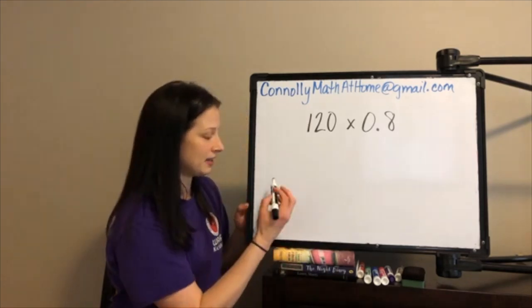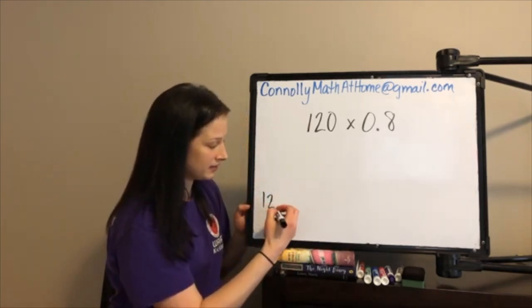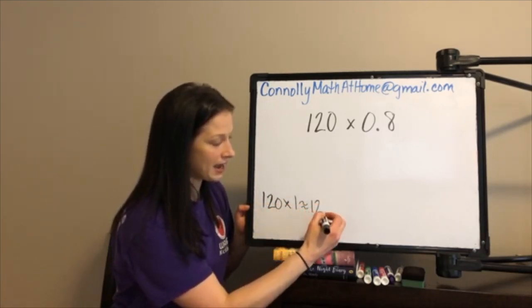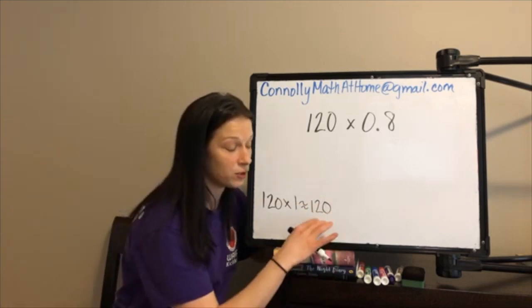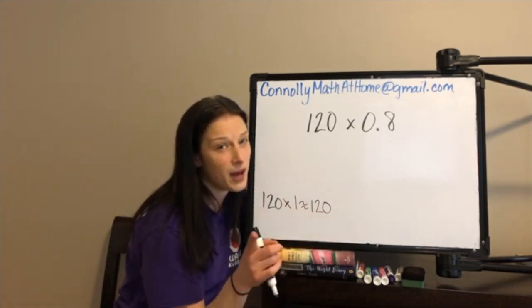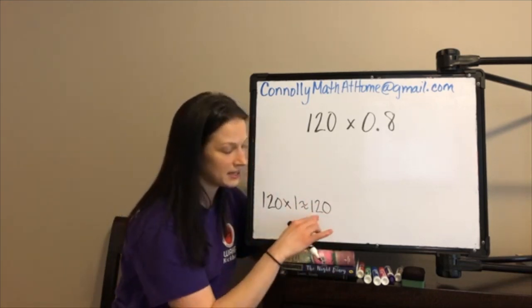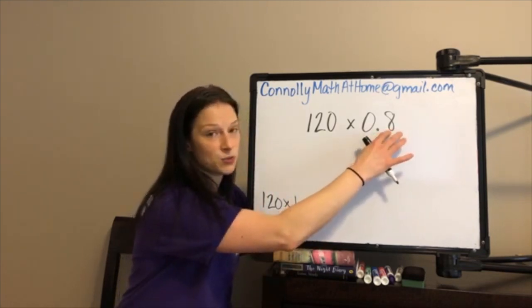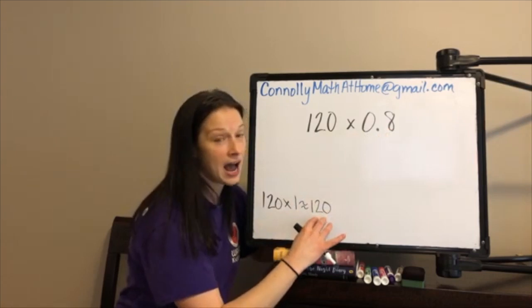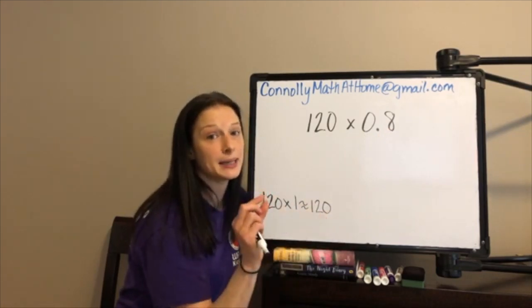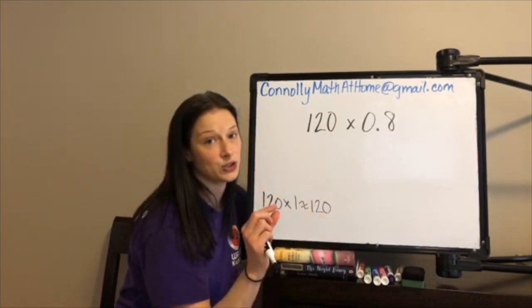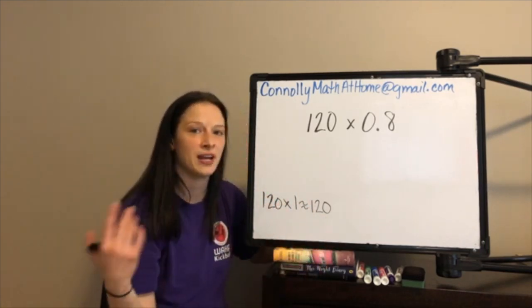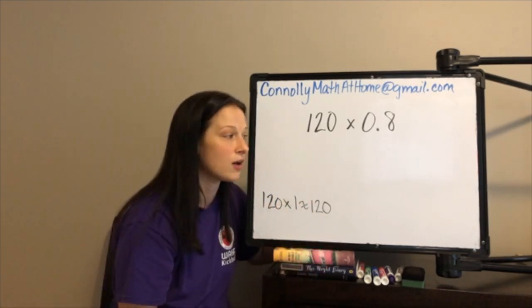So I'm thinking for my estimate that my product will be close to 120, but I also know it's going to be less than that because I rounded up to a whole number and this was only 8/10. So I know that it's going to be slightly less than 120. Okay? You know what I mean by slightly. Okay?